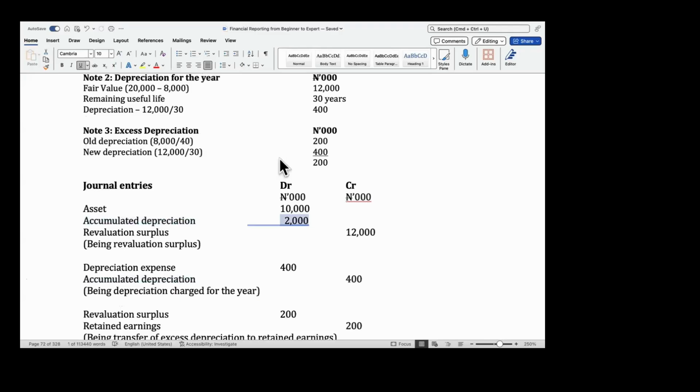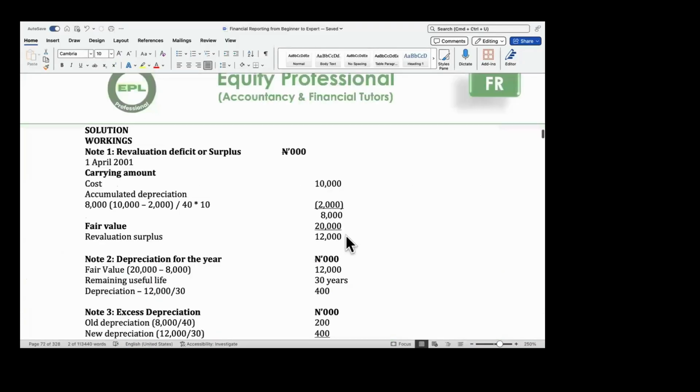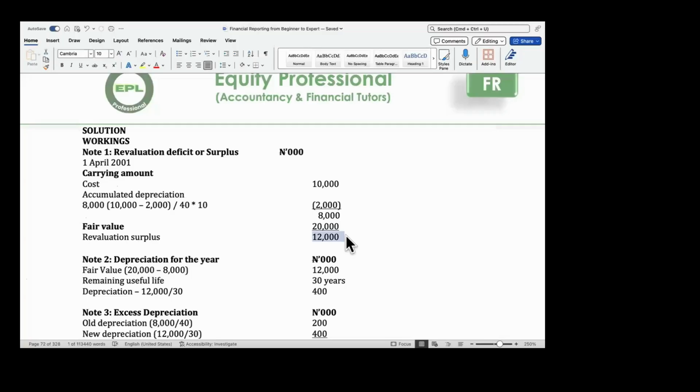And that's because IAS 16 says that you can do that. That's why this company can have an accounting policy that says, okay, do that. So IAS 16 allows that instead of waiting till the end of the life of the assets before you earn your revaluation surplus. You see, this revaluation surplus we compute, remember that it goes to OCI, and from OCI, it goes to equity, and it's there forever.